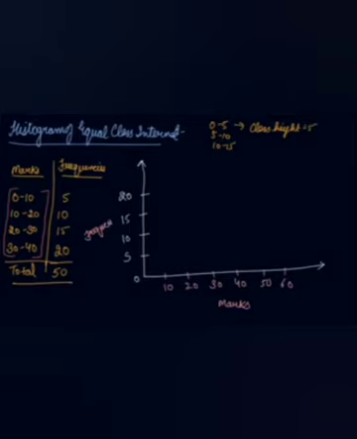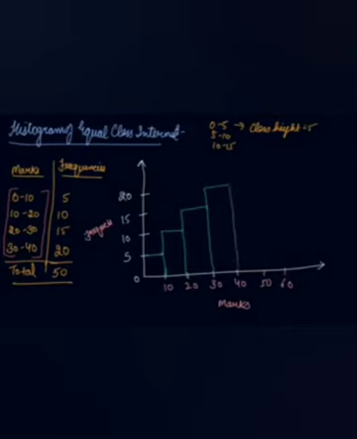Now, from 0 to 10, the frequency is 5. From 10 to 20, the number of students is 10. From 20 to 30, the number of students is 15. From 30 to 40, the number of students is 20.